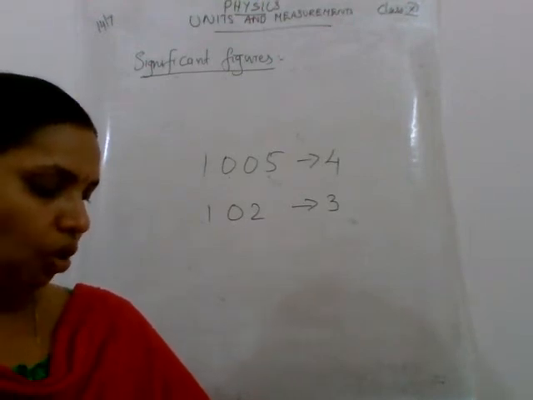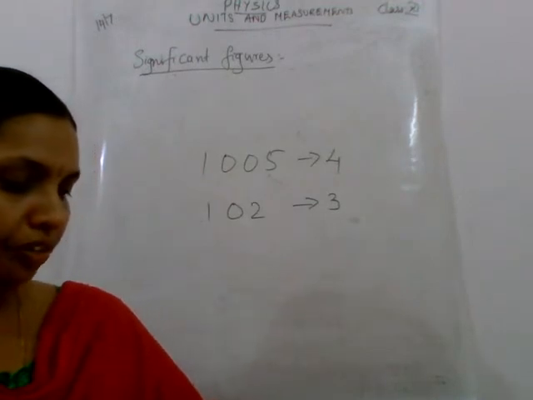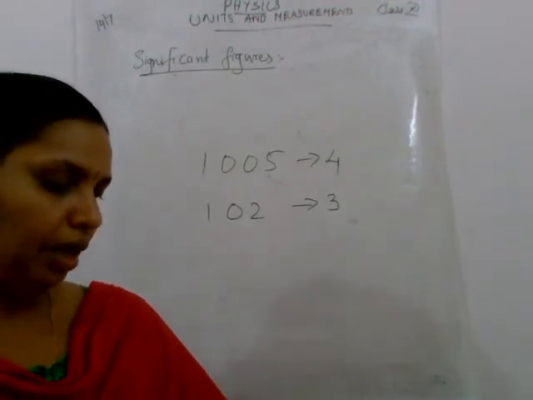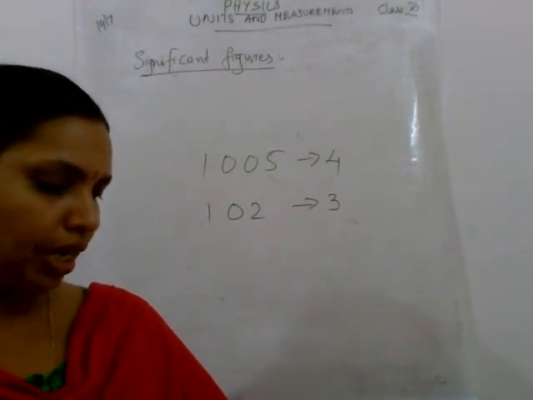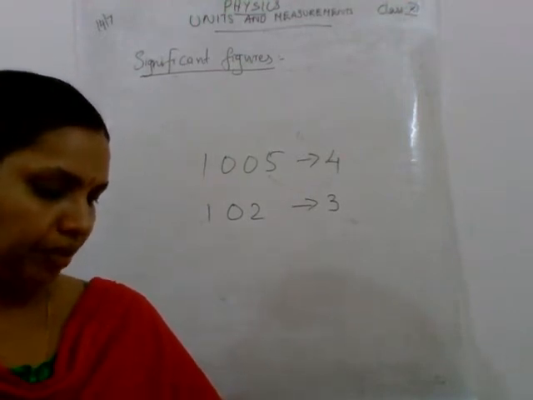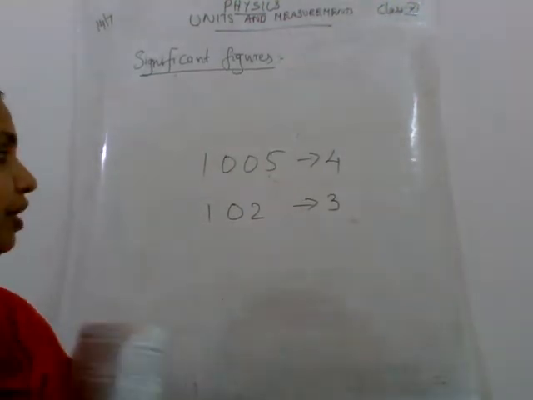And the third one is, all zeros to the right of a non-zero digit, but to the left of an understood decimal point, are not significant.